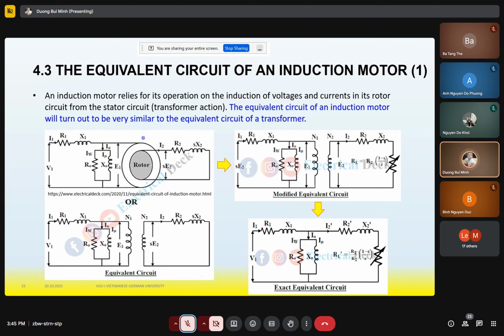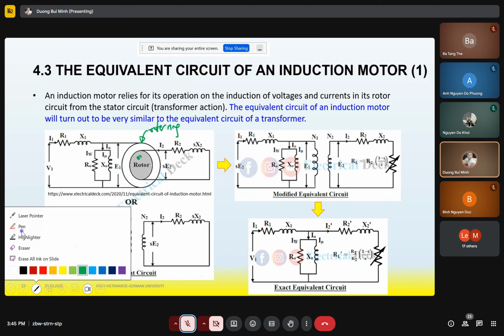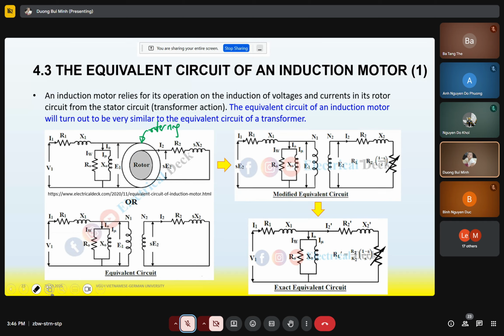Okay, so we have the outer ring. The outer ring is the stator, and the inner ring is the rotor. For the stator windings, we have stator resistance, stator reactance, stator current and V1.